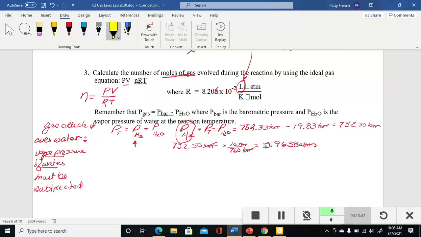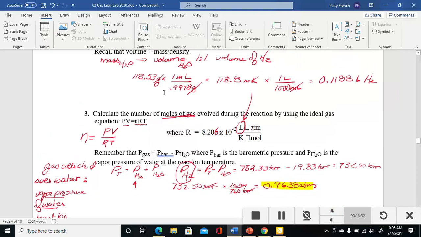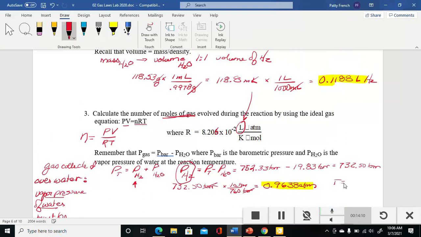We've got pressure. We've got, from somewhere back up here, volume. We've got our temperature is equal to 295.20 Kelvin.